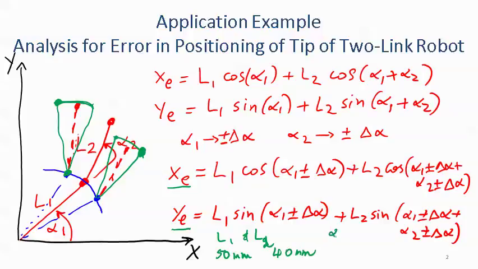And alpha 1 is 30 degrees, alpha 2 is 45 degrees, and delta alpha, let's say, is 1 degree. So you need to identify all the discrete points at the extreme values for this particular tooling robot.